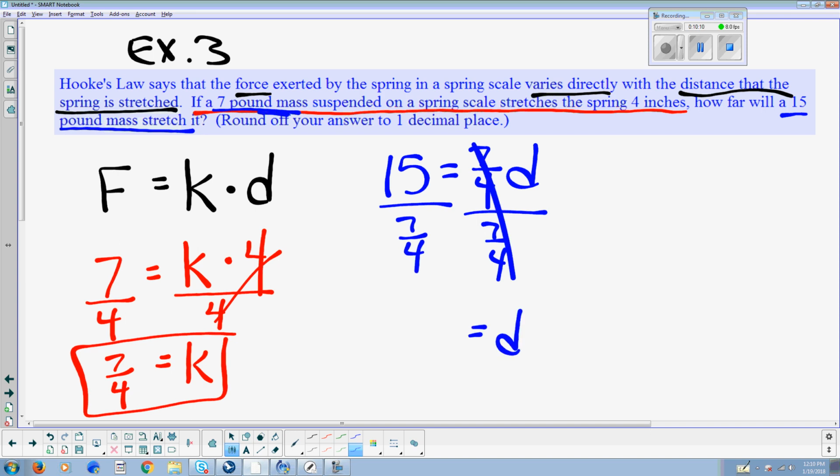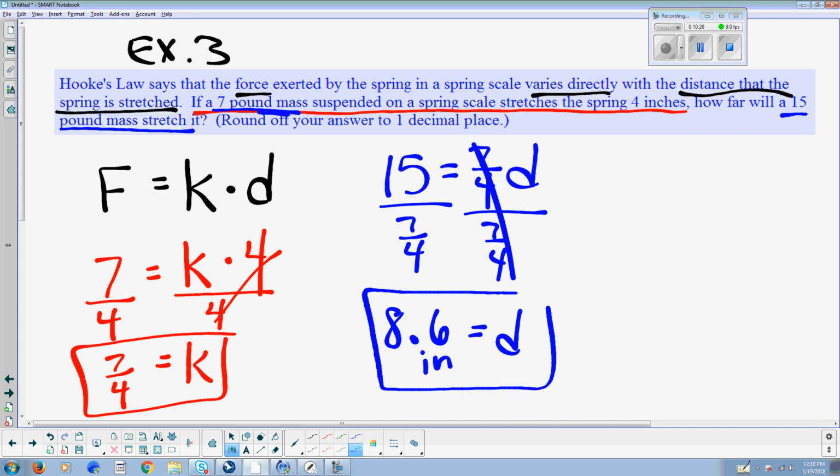So 15 divided by 7/4, and it says to round to one decimal place. I get 8.57, so I'm going to go with 8.6. So it should be 8.6 inches.